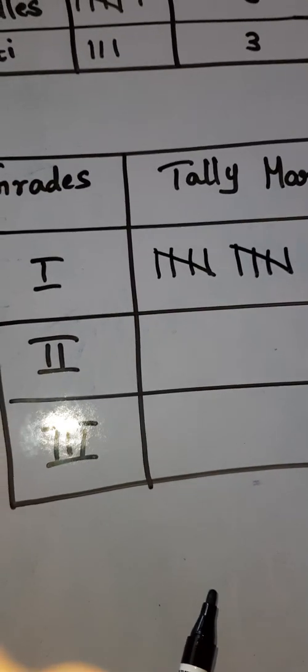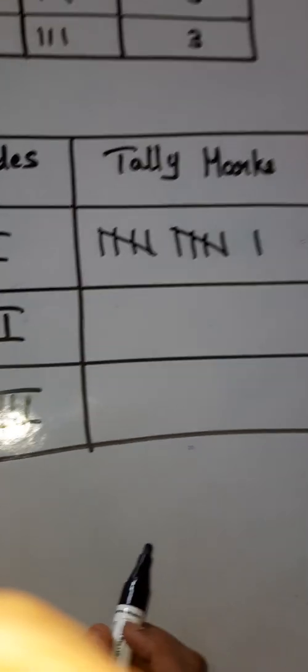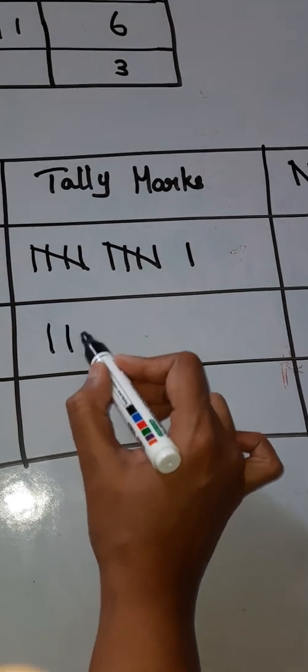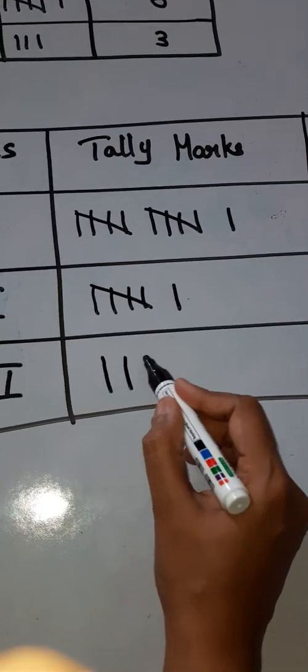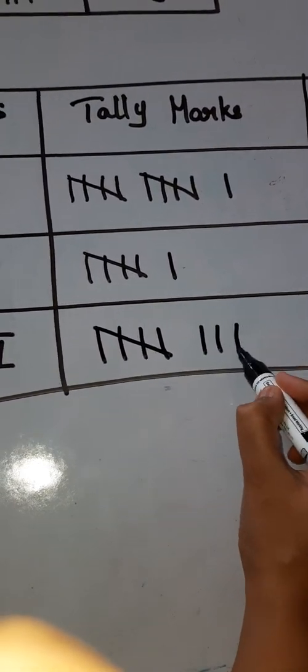The 5s, 10, 15 counts will take a strike as a count. Secondly, grade 2 has 6: 1, 2, 3, 4, 5, 6. And grade 3 has 8: 3, 4, 5, 6, 7, 8.